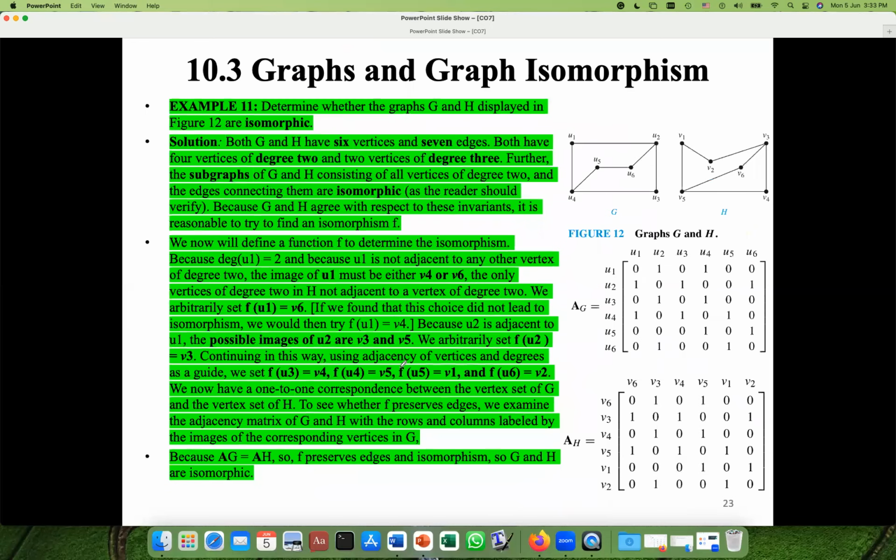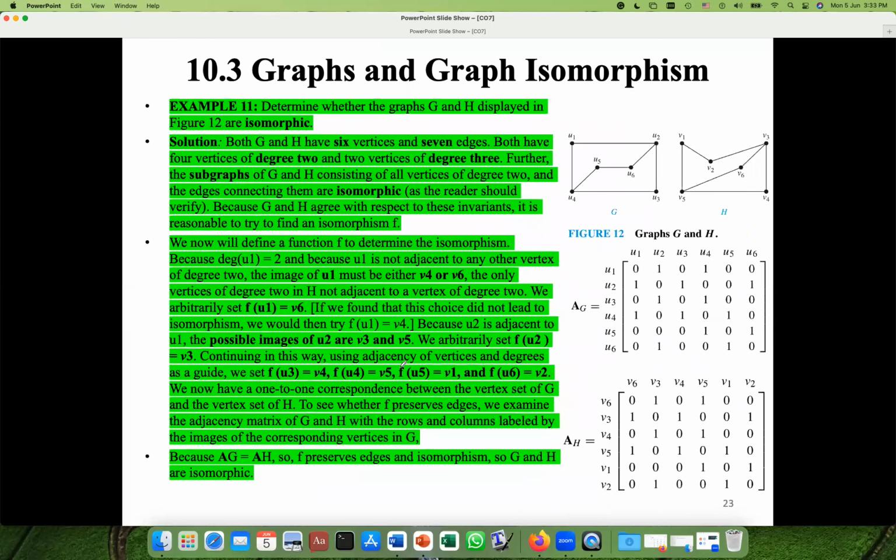It is being said, show that these graphs are not isomorphic. This is a book, and it is not making fun of you, okay? This is not a teacher who is making fun of you. So they are non-isomorphic graphs, but now you have to prove that they are not isomorphic.